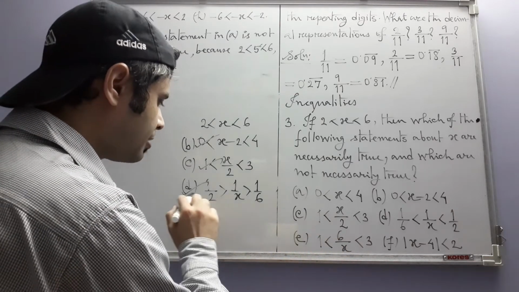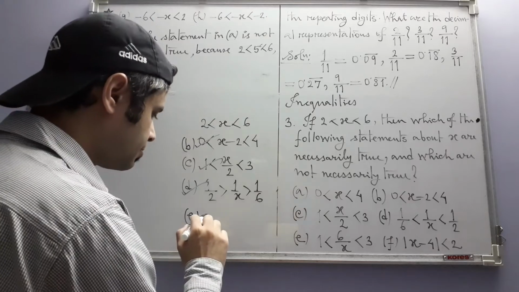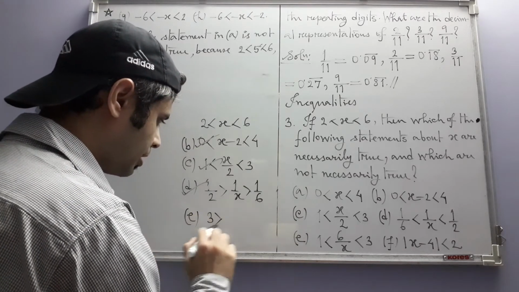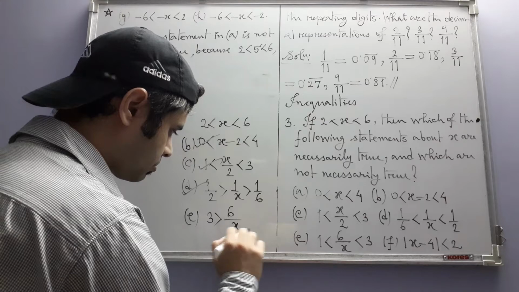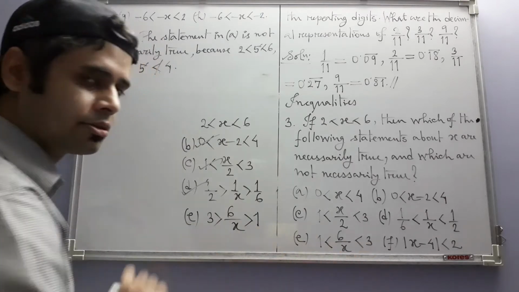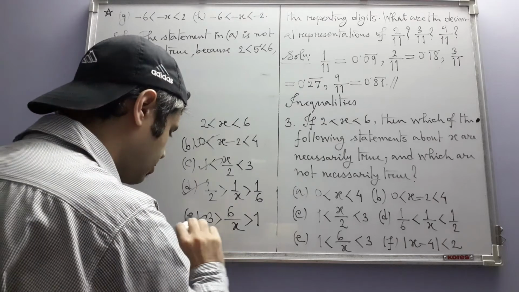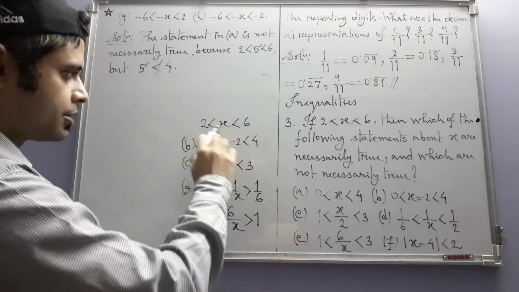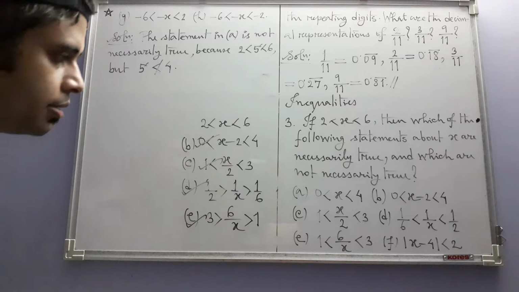How? You multiply throughout by 6. That will give us this, which are nothing but these inequalities. So that is also, after all, a consequence of the initial inequalities.